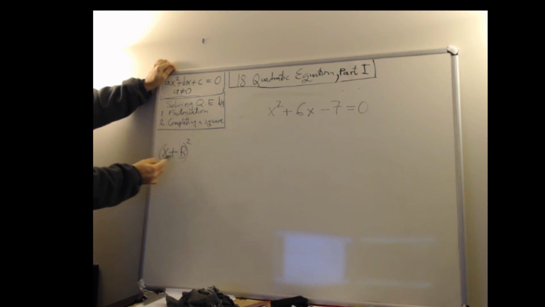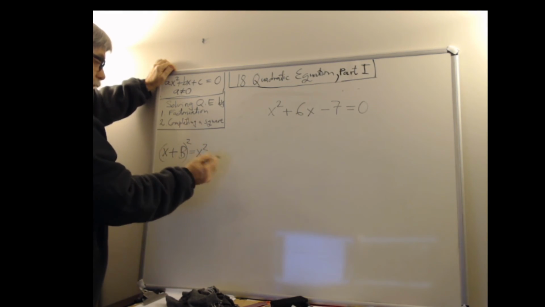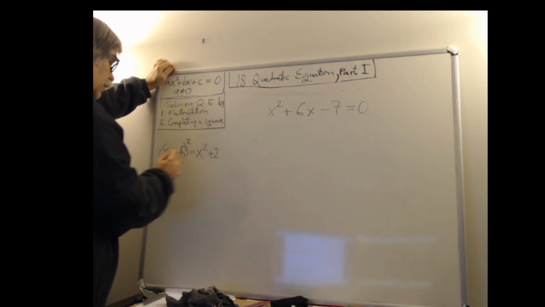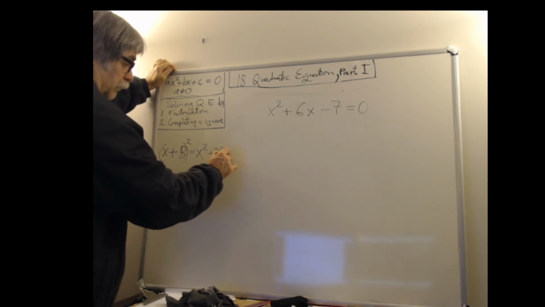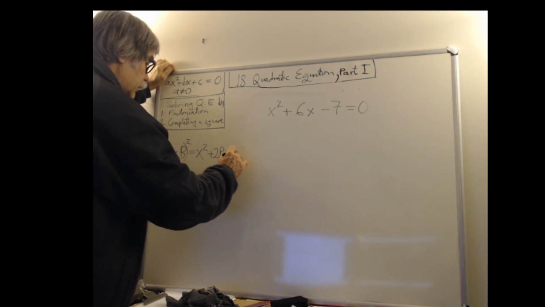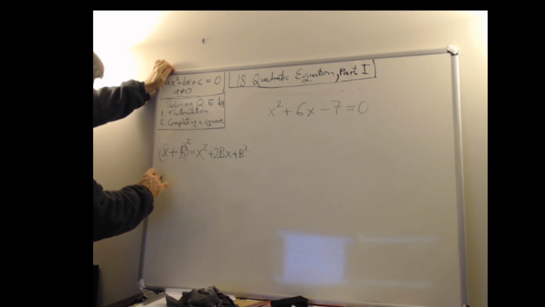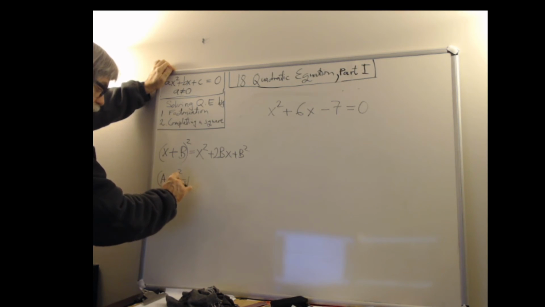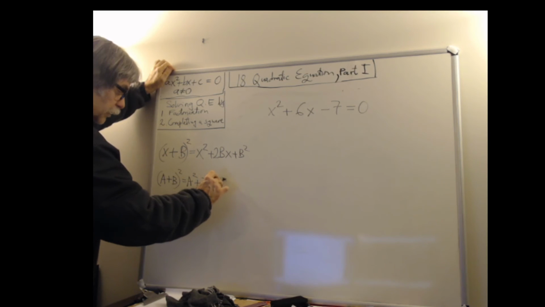When you are squaring a sum, you get the square of the first term, which is x squared. You get 2 times the first term times the second term, or second term times first term, it makes no difference. And then you have the square of the second term. This is the formula we had a long time ago: (a + b) squared is equal to a squared plus 2ab plus b squared.